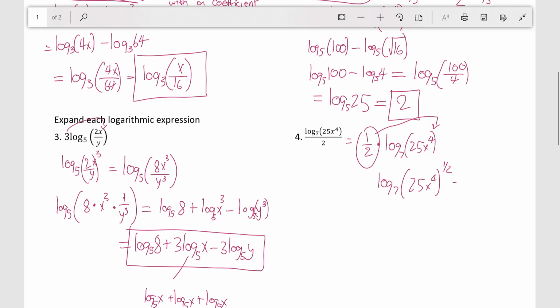But I know that raising something to the 1/2 is the same as square rooting it. So it's the same as log base 7 of the square root of 25x to the 4th. And now I can square root both of those. Those are both perfectly nice square numbers. So I get log base 7 of 5x squared.